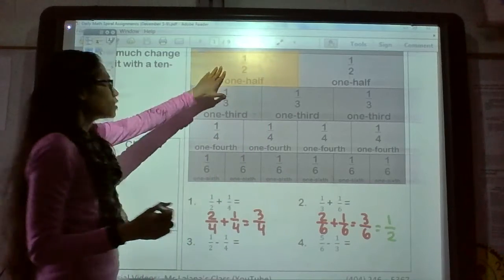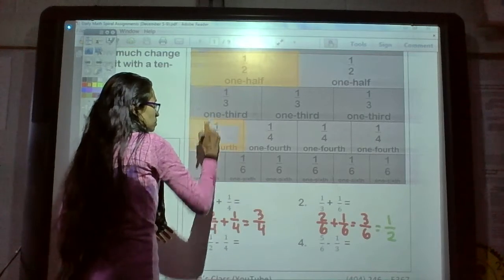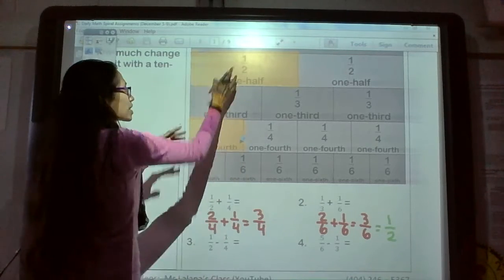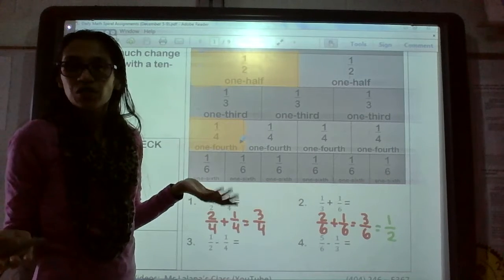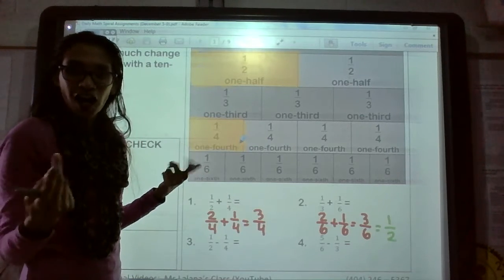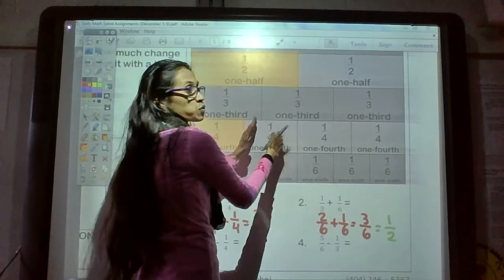Now, can we take 1/4 away from that? Well, you can. What would be left? Can you see what's left? Look. If I take that away, that's what's left, 1/4.